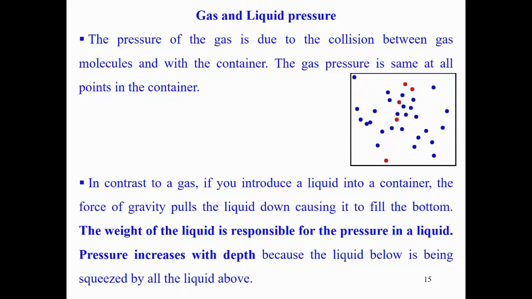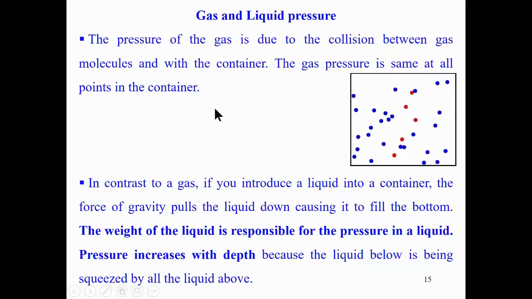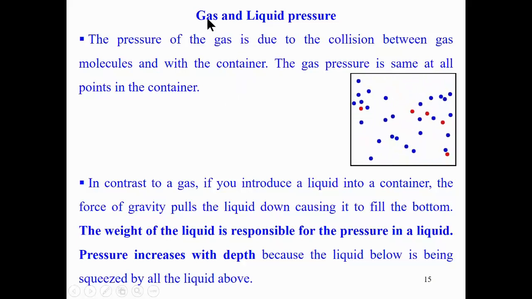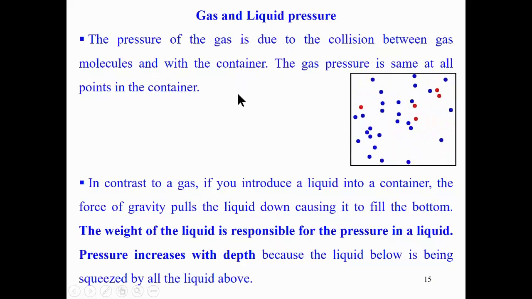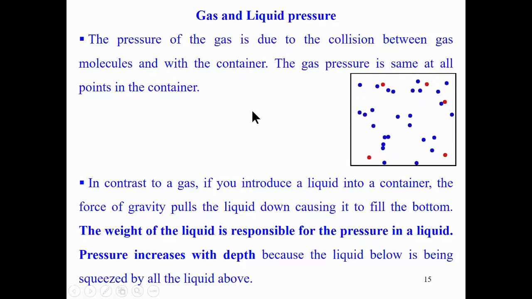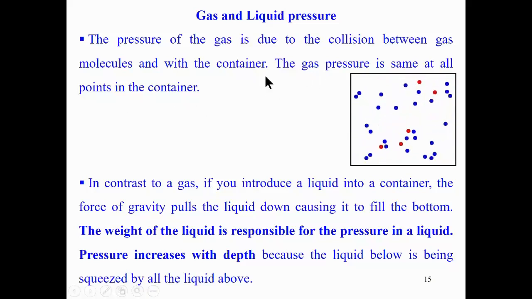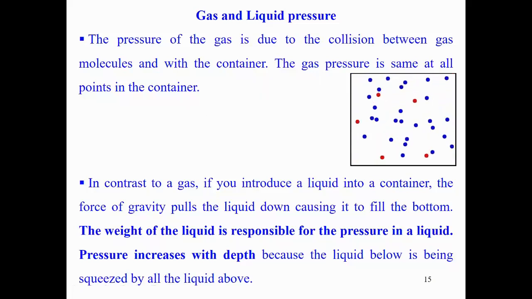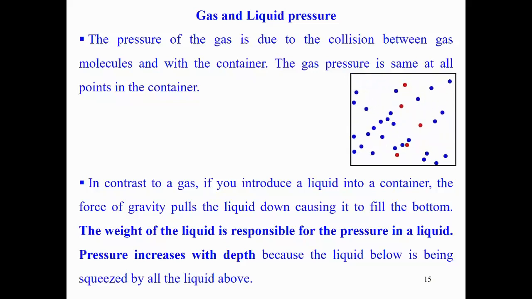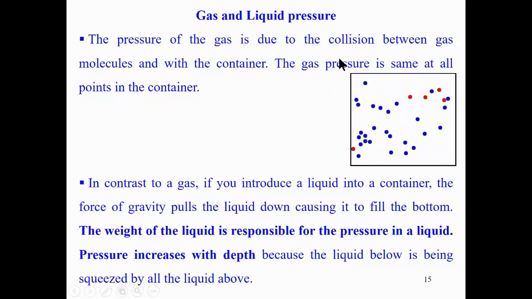There are two types of pressure here, so don't get confused: gas pressure and liquid pressure. If you have a gas in a tank, say propane gas, the pressure exerted by the gas inside that tank is a completely different version than the pressure due to the liquid we've been talking about in this topic. The pressure of a gas inside a tank is due to the collisions between the gas molecules.